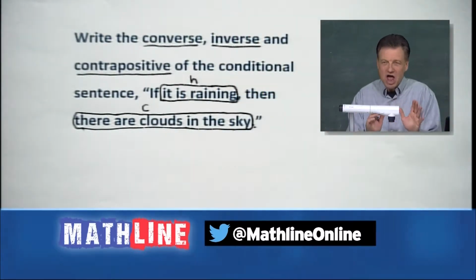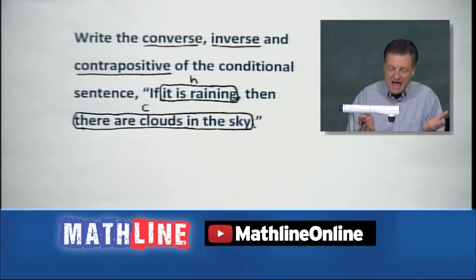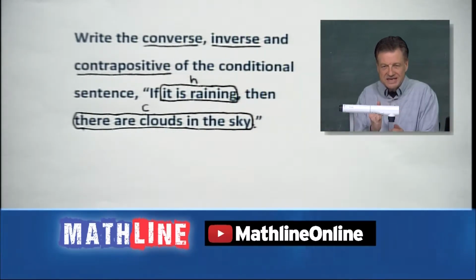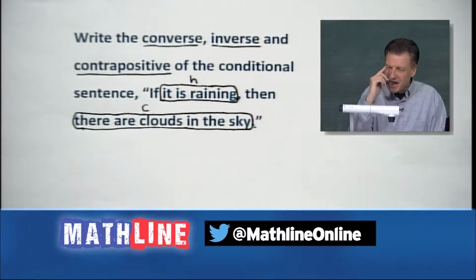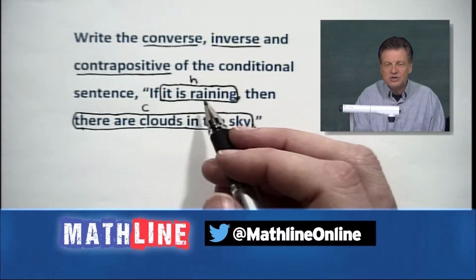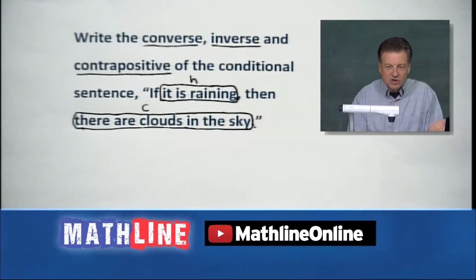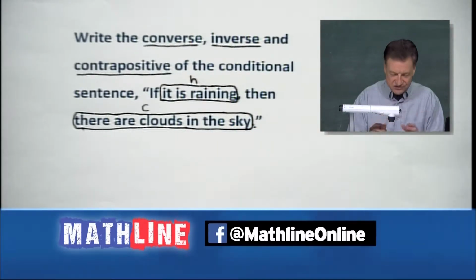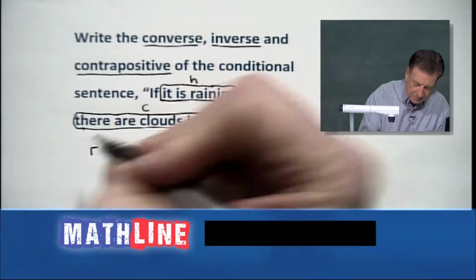We're going to start coding a lot today in a lot of our situations because, first of all, it saves us time, and also it's easier to see where things are going when we code them down to just maybe one letter per concept. So an H and a C for right now for hypothesis and conclusion, but let's go even a little better. Since the hypothesis is about rain and the clouds are your conclusion, let's use R and C. So refreshing our memory, we're going to use the implication mode.